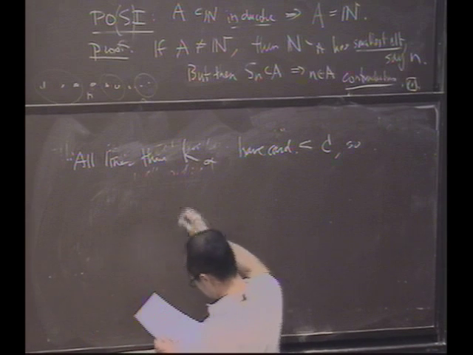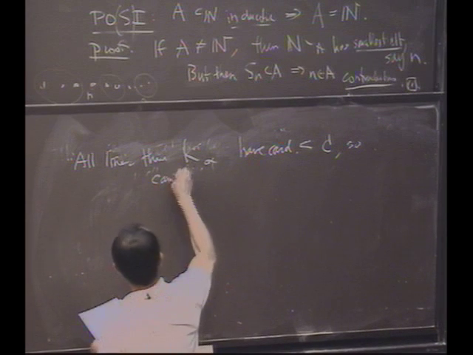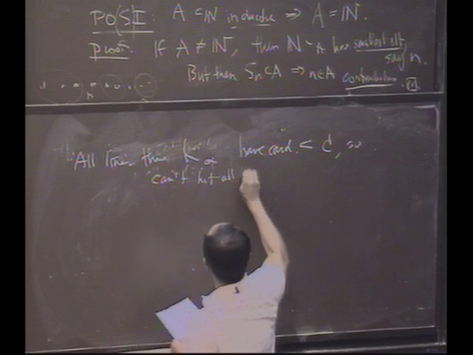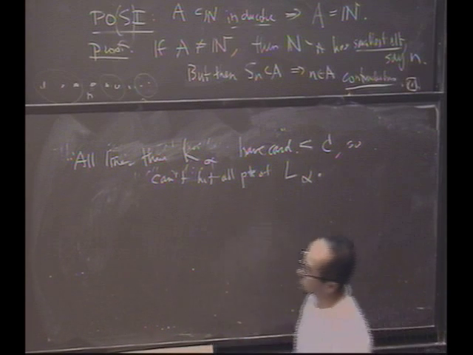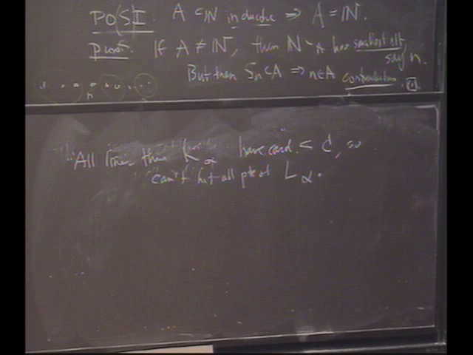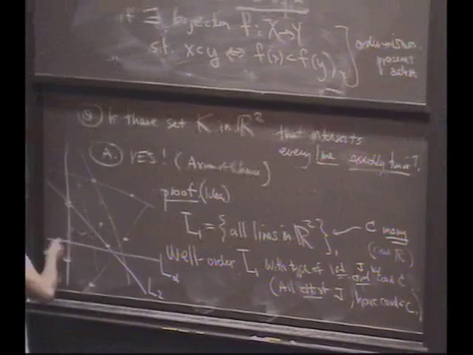So through the existing points, it can't hit all the points of L alpha. In other words, if you do this for all the lines through the previous points that existed, you want to know in my new line L alpha that there are still some points left to choose.